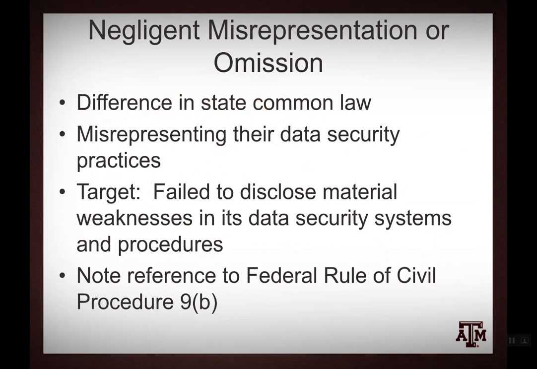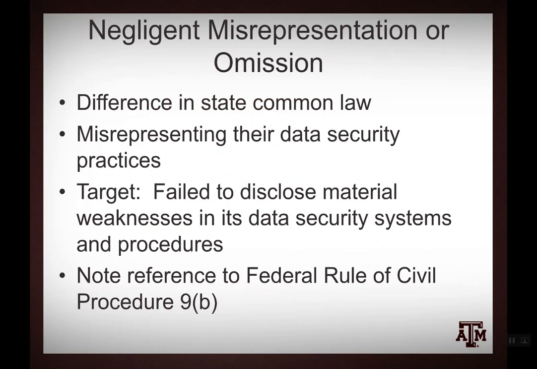In Target's case, they failed to disclose material weaknesses in the data security systems and procedures. So the card holders held that this was negligent misrepresentation or omission. They should have done this differently. Kind of a different take.